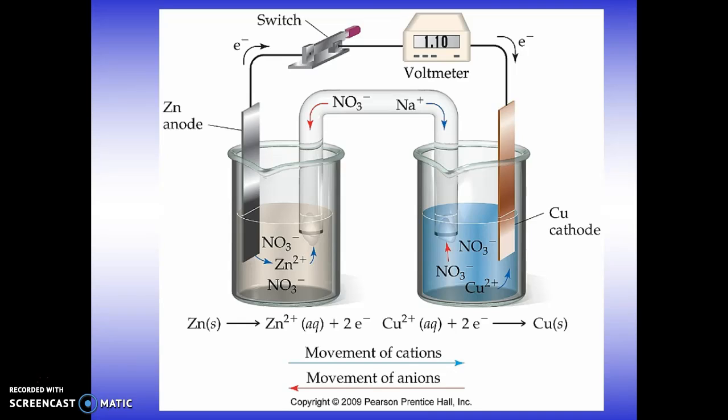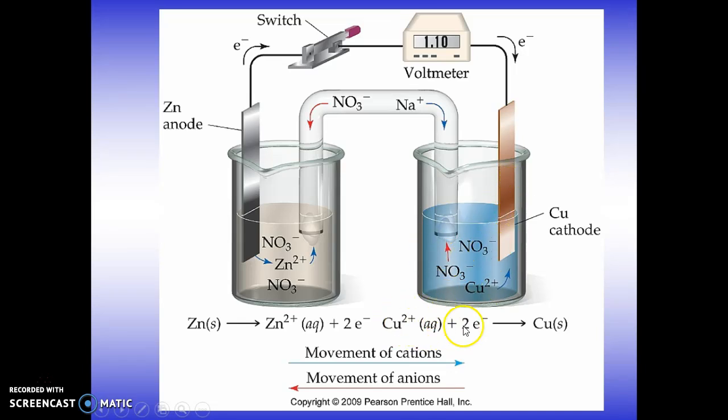So here's what's going to happen. Since zinc is undergoing oxidation, it's losing electrons to become zinc ions. So what's going to happen on the surface of this electrode is the zinc atom is going to become a zinc ion. The ions are going into solution, and the electrons are going to travel up through the wire to the other half reaction, which is the copper.